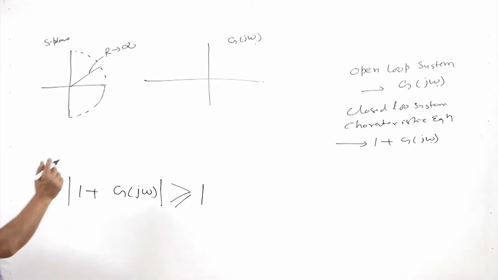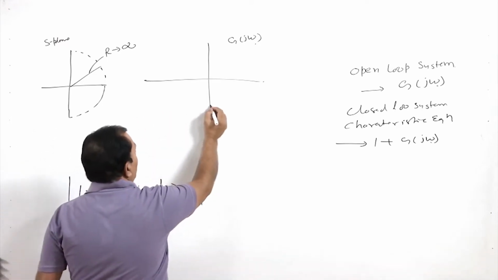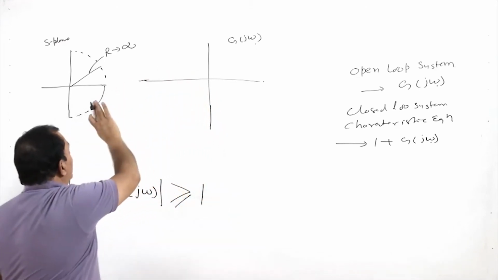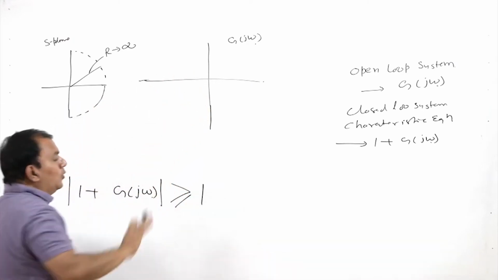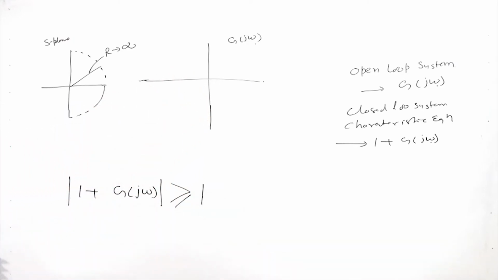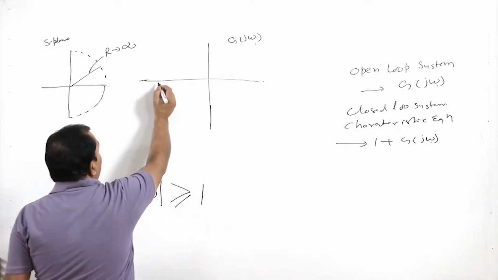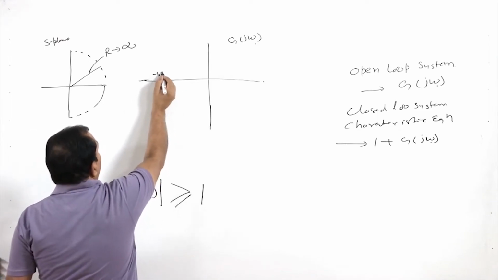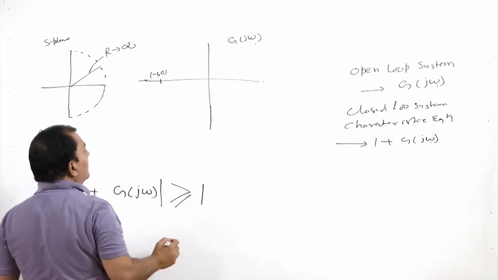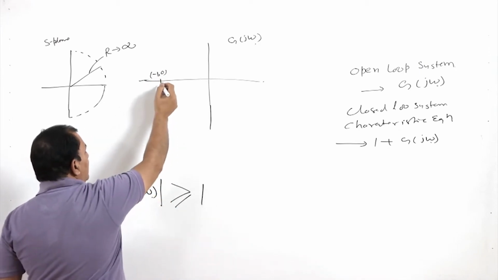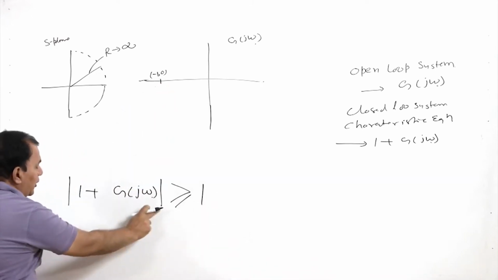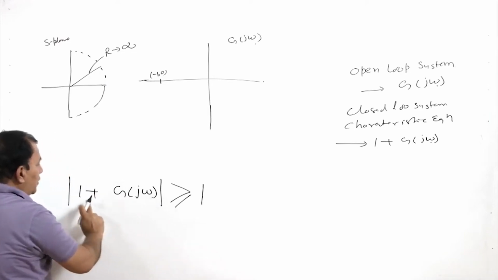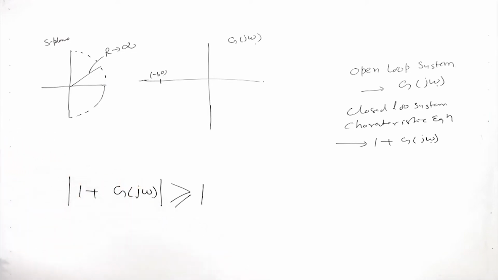It means that if I analyze the closed loop system stability, my Nyquist plot will have a magnitude greater than or equal to unity.